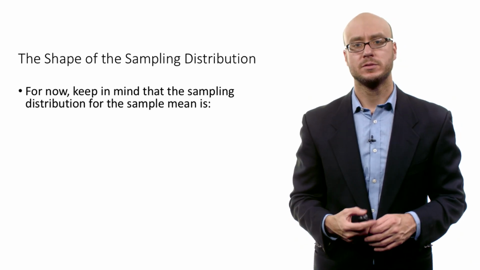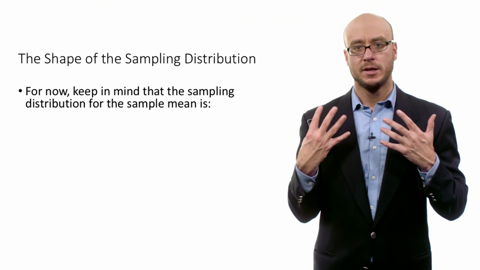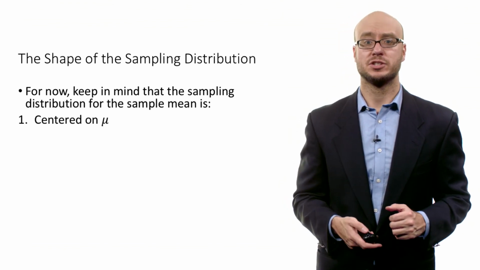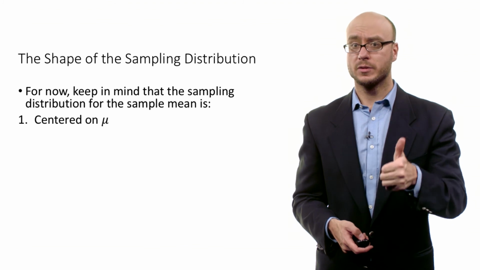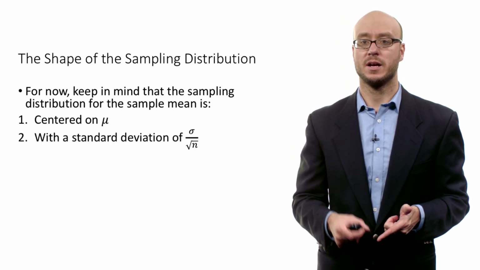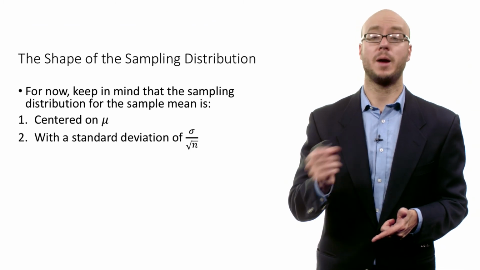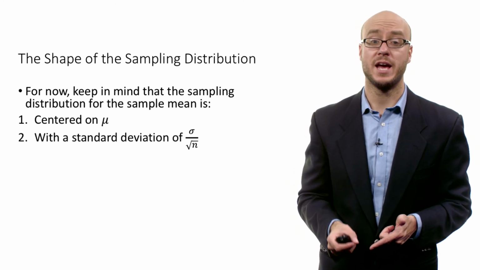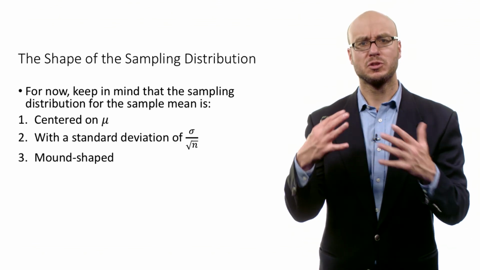The other point is to notice the shape of the sampling distributions. It's not only centered on the population mean, and it not only has a standard deviation given by the standard error, which is the population standard deviation divided by the square root of n, where n is our sample size, but it's also mound-shaped.